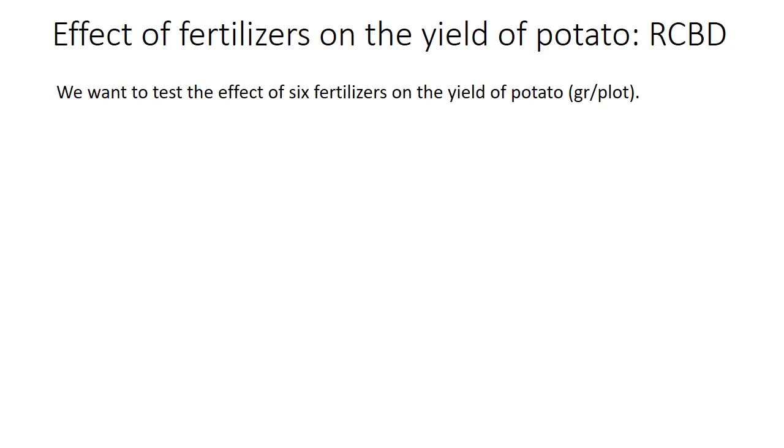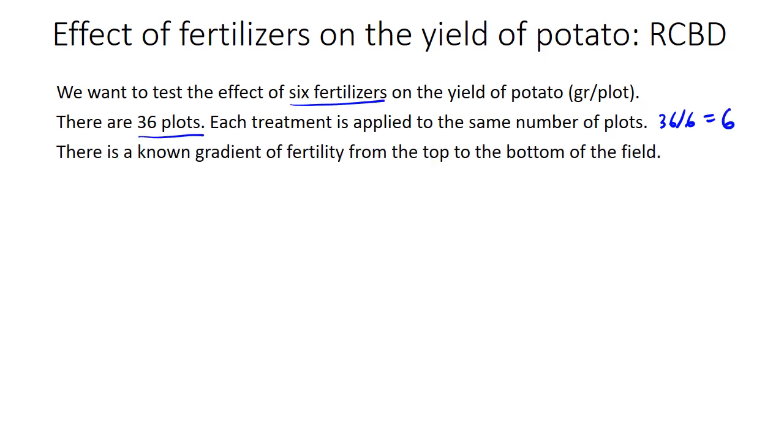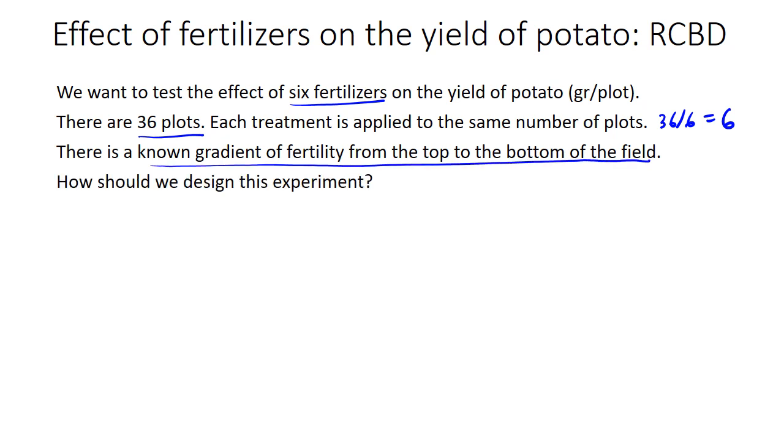Let's see an example. Because of this fertility gradient, we cannot use a CRD. In this case, we have to use an RCBD with the number of blocks equal to 6.